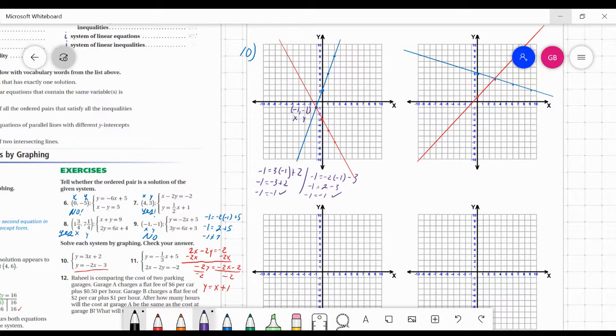And we can see that they intersect at the point (3, 4). That would be the solution. So let's just verify it. Let's plug it into both equations.